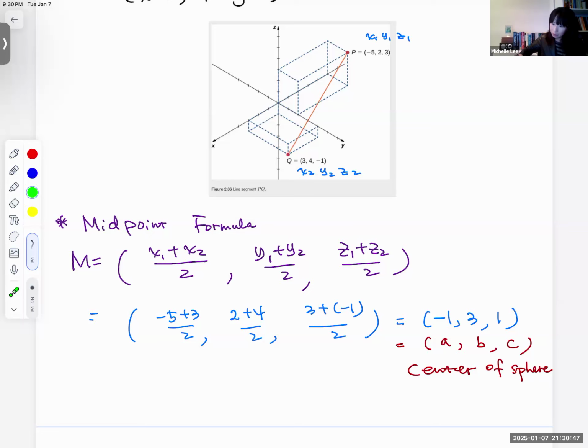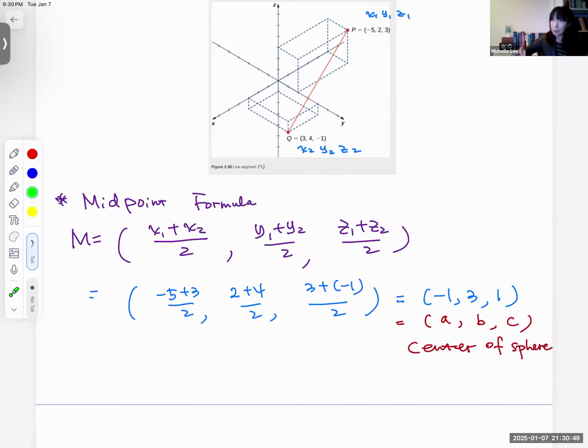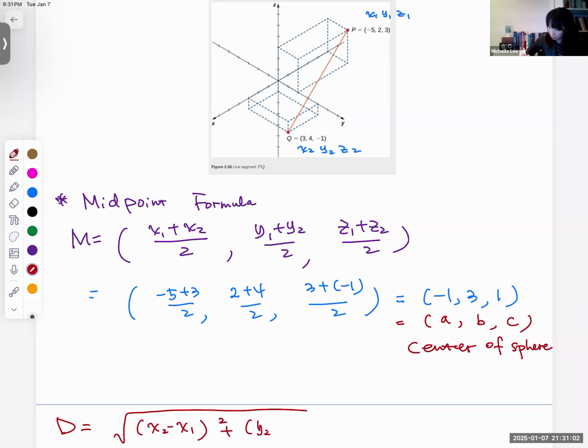So the distance formula, I need those numbers. Square root of x sub 2 minus x sub 1 squared plus y sub 2 minus y sub 1 squared plus z sub 2 minus z sub 1 quantity squared.